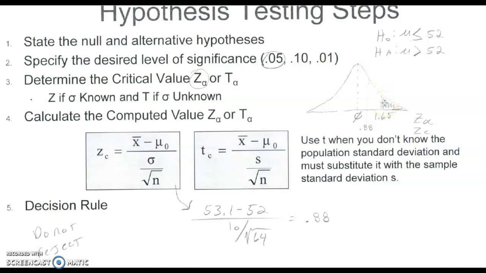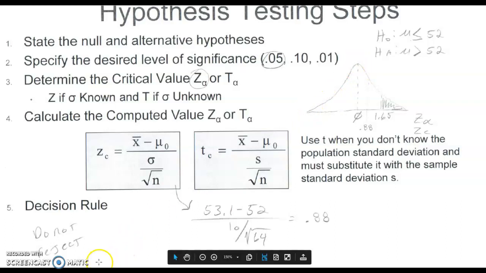Now let's find the z-score that corresponds to that. Well, recall from before that to find a positive z-score, you find in your table the probability from the left tail all the way to that particular point. And if 5% is in this tail, then we would find the z-score that corresponds to a probability of 95%, right?